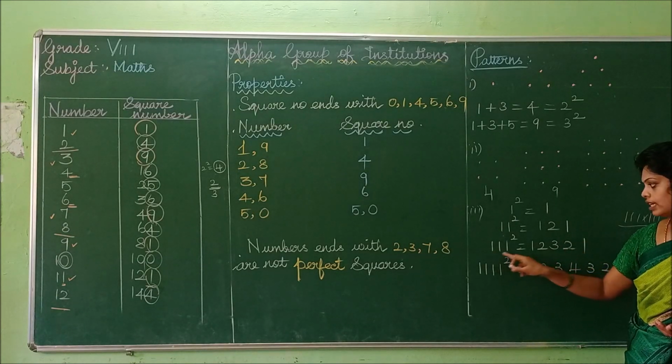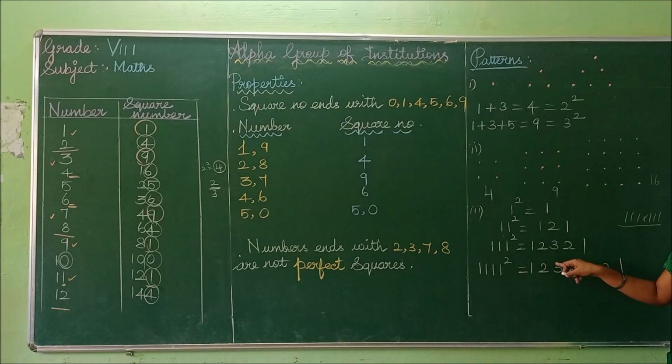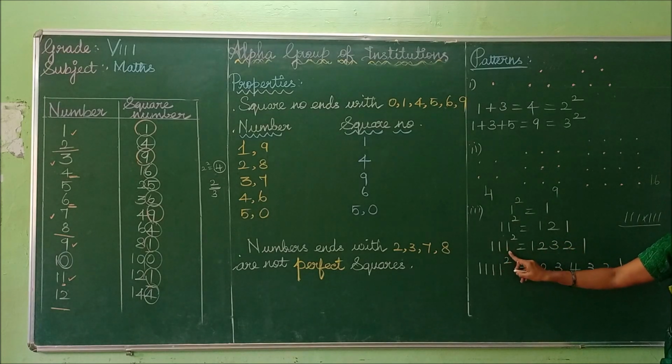Then if it is 3 ones, continuously you have to write up to 3. 1, 2, 3. And after 3 you have to reverse the values. So in between you have to write the count of ones.